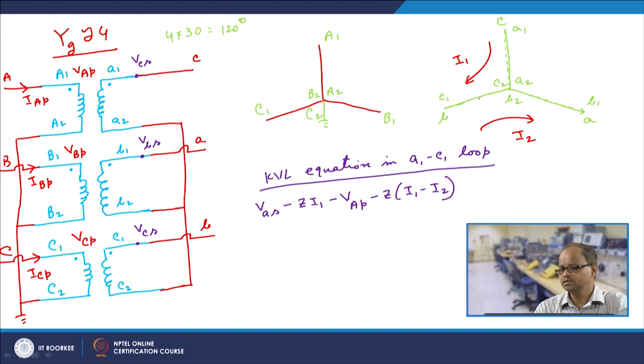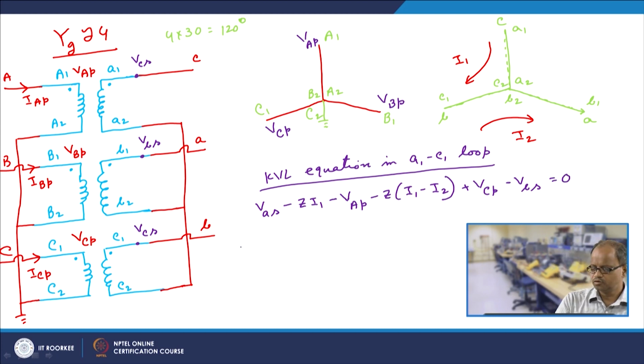and in this direction what is the voltage? In this direction the voltage is actually VBP, sorry, it is in this direction, so we should write the voltage is VAP, voltage is VBP, voltage is VCP. So in this direction voltage is VCP, but its polarity is from positive to negative here, so we are going here, so it is plus VCP because it is a rise, and then it is a drop minus VBS, so that is equal to 0.